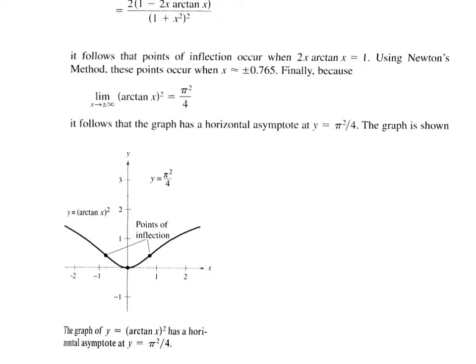And then here you can see it's graphing everything that we have. So pi squared over 4, here's our horizontal asymptote that we're approaching, y equals pi squared over 4. Here's the minimum at 0, 0.